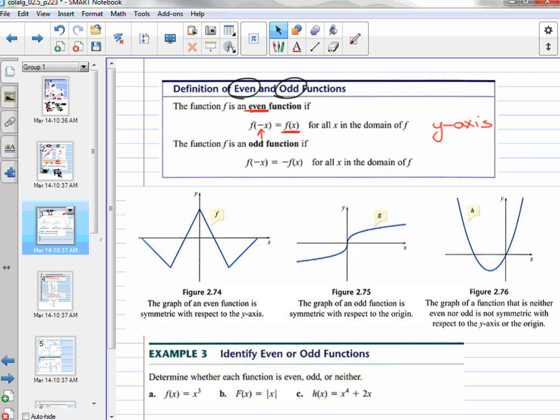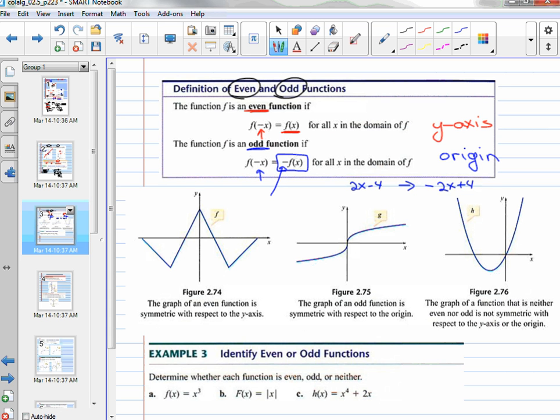If, and this is different, we haven't seen this, I replace the x with the negative x, and it ends up the negative of the original equation. In other words, if my original equation was 2x minus 4, and then I end up with the negative of the original, negative 2x plus 4. In other words, it's the opposite of everything that I had. That is called an odd function. Odd functions are symmetrical with the origin. Odd functions have origin symmetry.